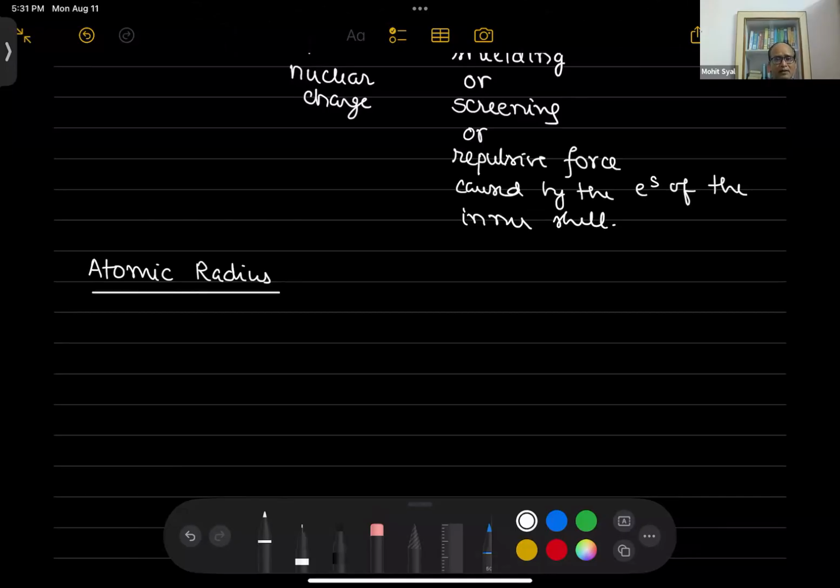This is basically the atomic size. It tells how big or how small an atom is. It is the atomic radius, which is the distance from the center, the nucleus, to the outermost shell, or valence shell.